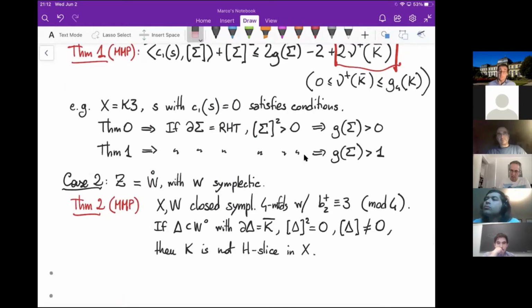Then if you know that the mirror of K, that I denote by K bar, bounds a disk in W circle in a homology class that is non-zero but that squares to 0, then K cannot be H-slice in the other four-manifold X.